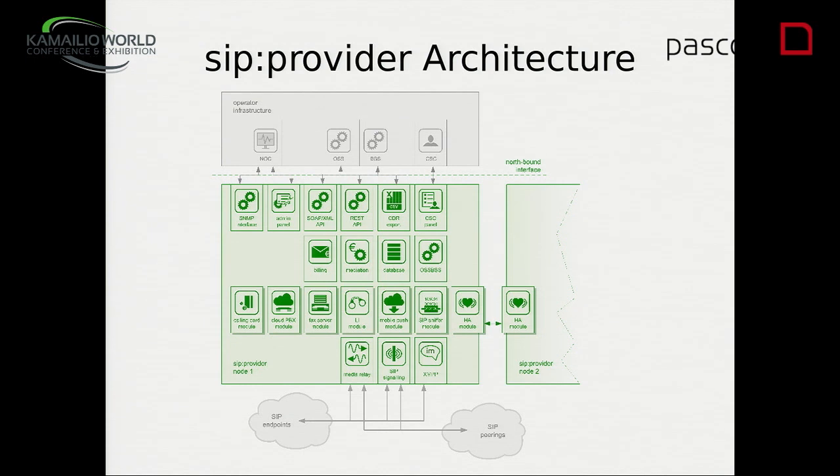The SIP provider CE basically is only this part because it's a software version and doesn't have the high availability module and some other blocks here. Basically, we have an SNMP monitoring, which is not supported on the CE.